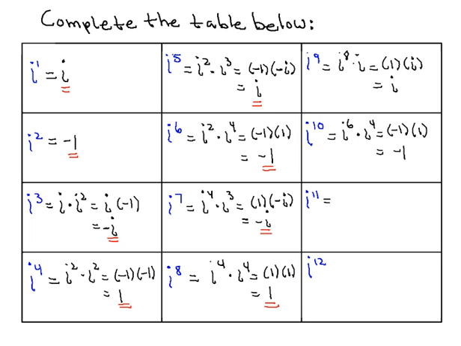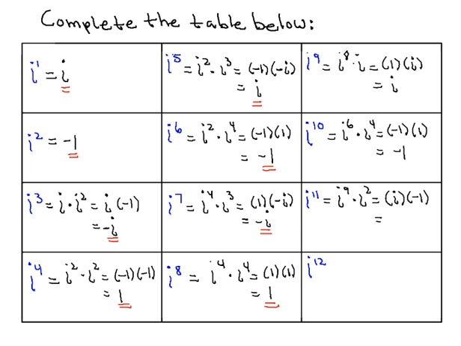And for i to the 11th, how should we break that down? Well, let's say we break it down into i to the 9th times i squared. And i to the 9th, from the first entry in this column, is i. i squared we know is negative 1.